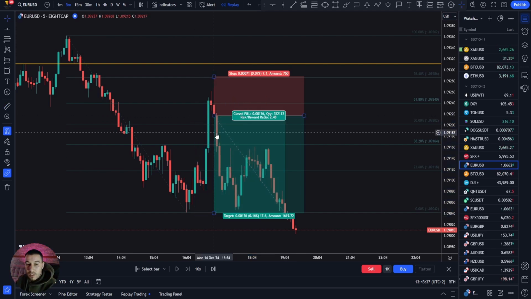So I would say this is a more advanced strategy because you're using multiple time frames. But you can see how good and precise your entries could be if you find those decent setups on the higher time frame and combine them with the lower time frames.